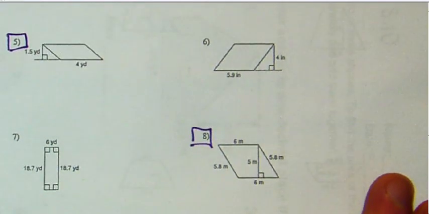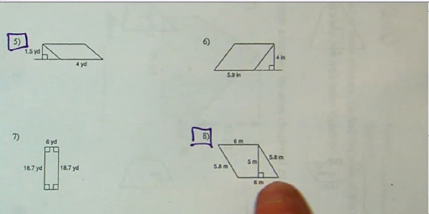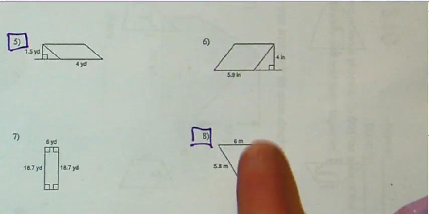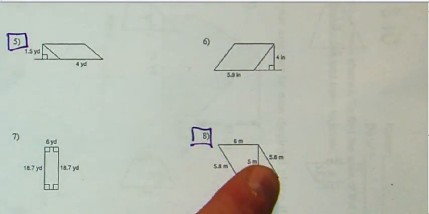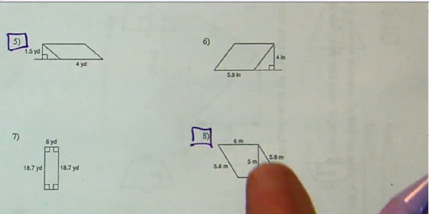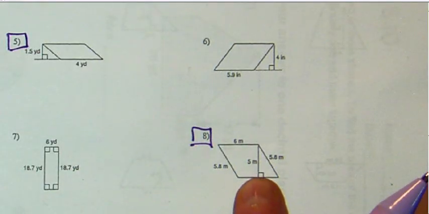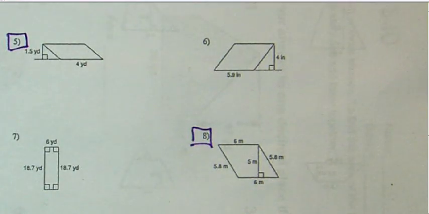So just a quick reminder, your base is at the bottom, it's the bottom side of your parallelogram, and your height is from the bottom to the top, whatever the perpendicular distance is. So whatever distance creates that 90-degree angle. It's not going to be your slant height. It will be your vertical perpendicular distance. That will be your height. So that should help you out with number 5 and number 8.